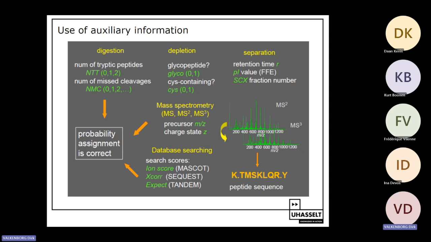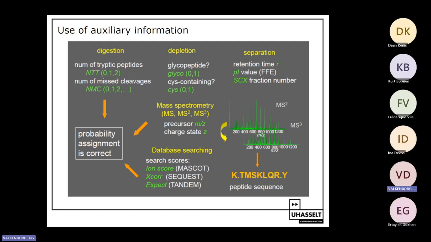Just to mention a few, we could look at the mass accuracy, or we could look at how many miscleavages we observe. Peptides that have a low confidence with a lot of miscleavages might be a sign that this is a false finding.